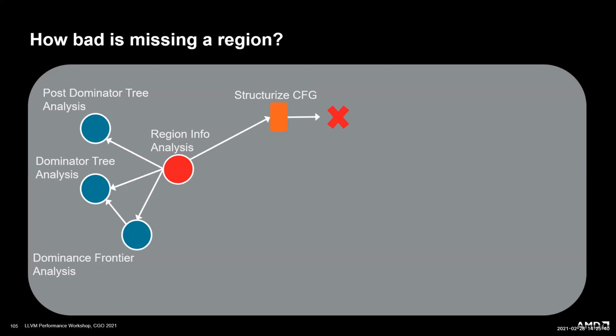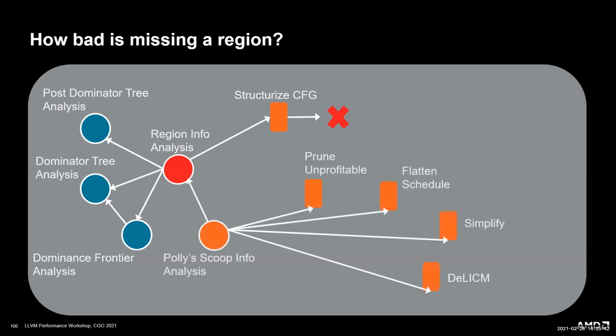The compiler crashes. I also tried grepping, and I found that Polly uses ScopInfo analysis, which depends on region info, and ScopInfo analysis is used by other passes. Though I don't have much idea about Polly and how severe it is, let me just conclude here so that we can have some quick questions.